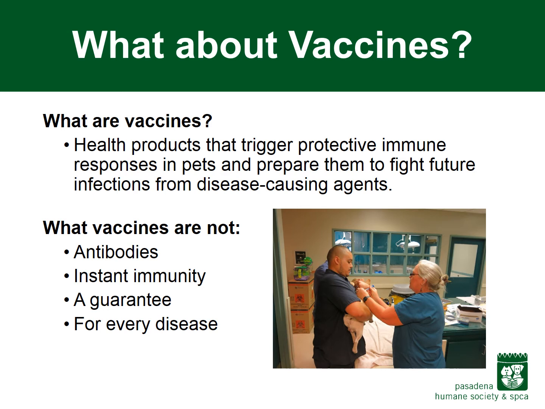Vaccines are not actually antibodies themselves. They don't give instant immunity, and they're not a guarantee. They're also not for every disease. Unfortunately, there is not a vaccination available for every disease out there, just as in humans, we don't have a vaccine for every disease.